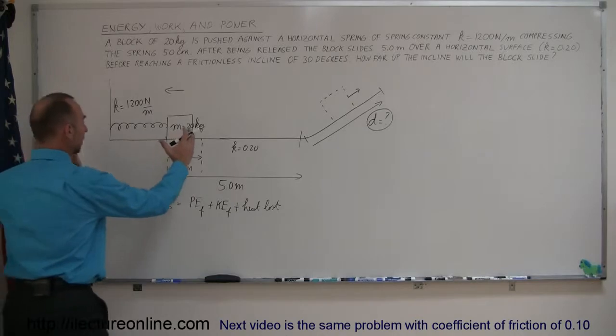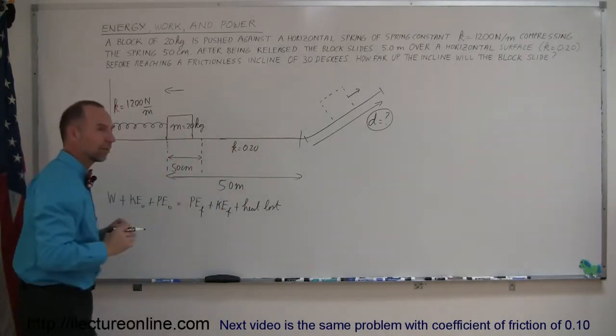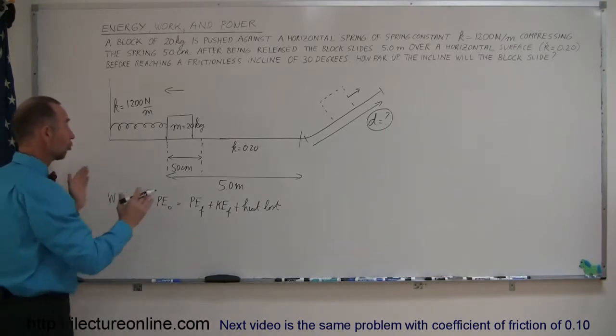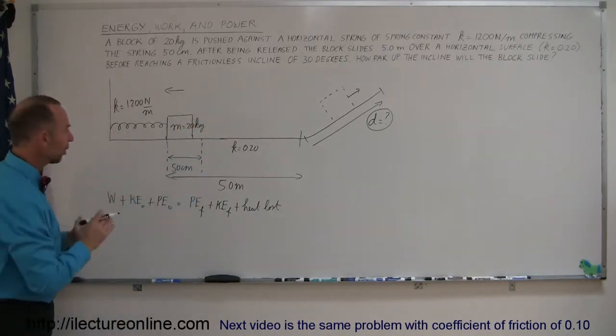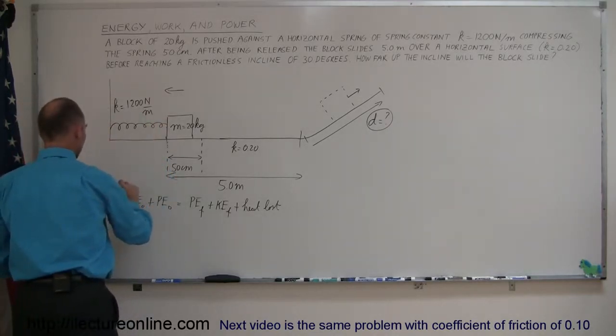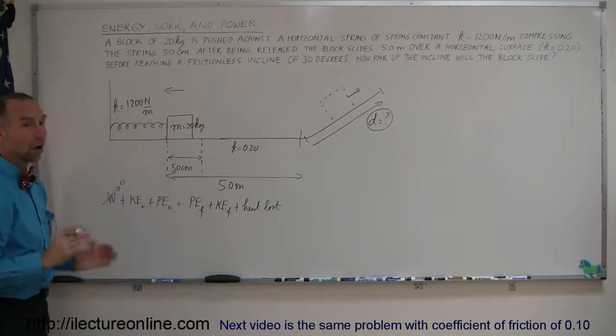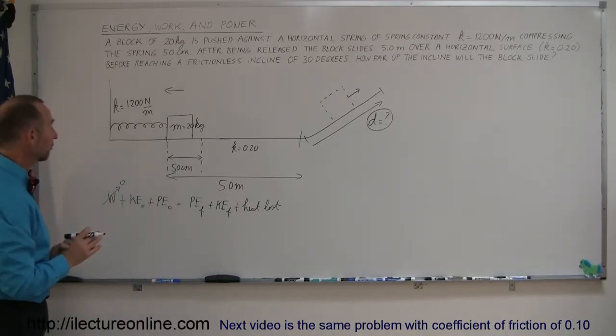So after we compress the block and we let go, the block will then begin to slide. So there's no additional work input. It's true that we have to do work to compress the spring, but if we start the problem at the moment the spring is compressed and we let go, there's no work input, so we call that equal to 0. All that work input is now in terms of initial potential energy the system will have.